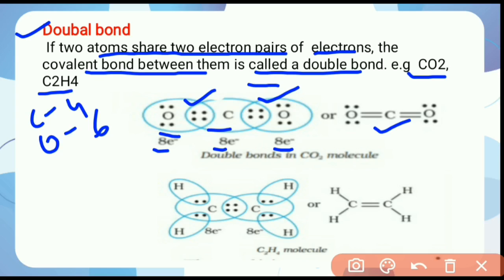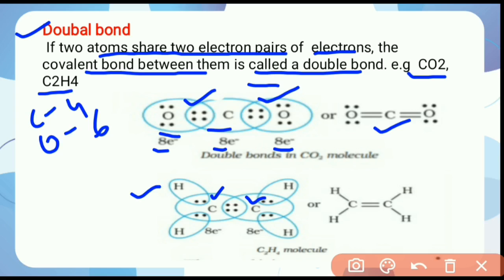and forms a double bond between oxygen and carbon atom. Similarly, in the ethylene molecule, two carbon atoms are present having 4 valence electrons and 4 hydrogen atoms having 1 valence electron.